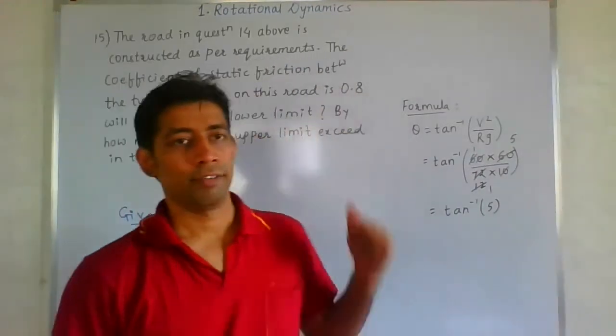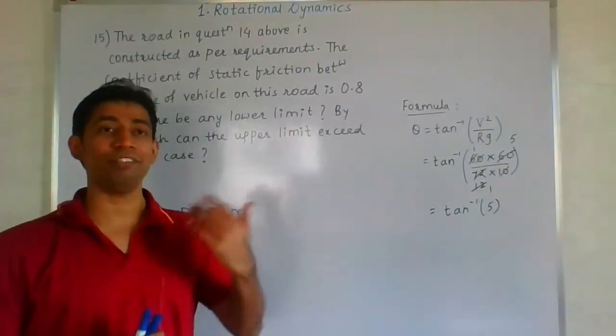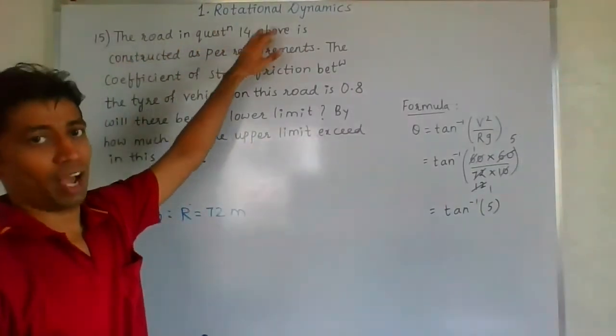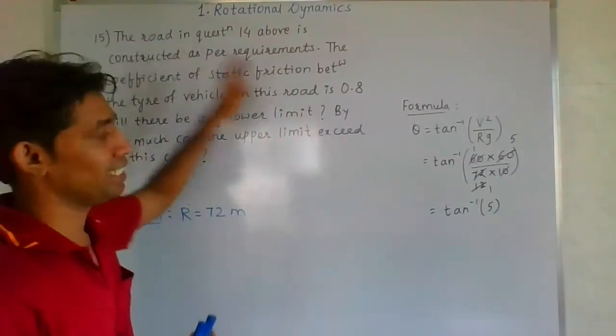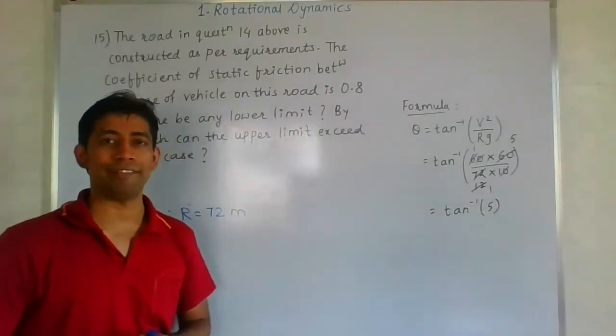So students, we are proceeding to the next question, and this next question is linked with the previous question. You can see the road in question 14 above, the same road we did in the previous question is constructed, with the answer we got for theta, which was around 78 degree.